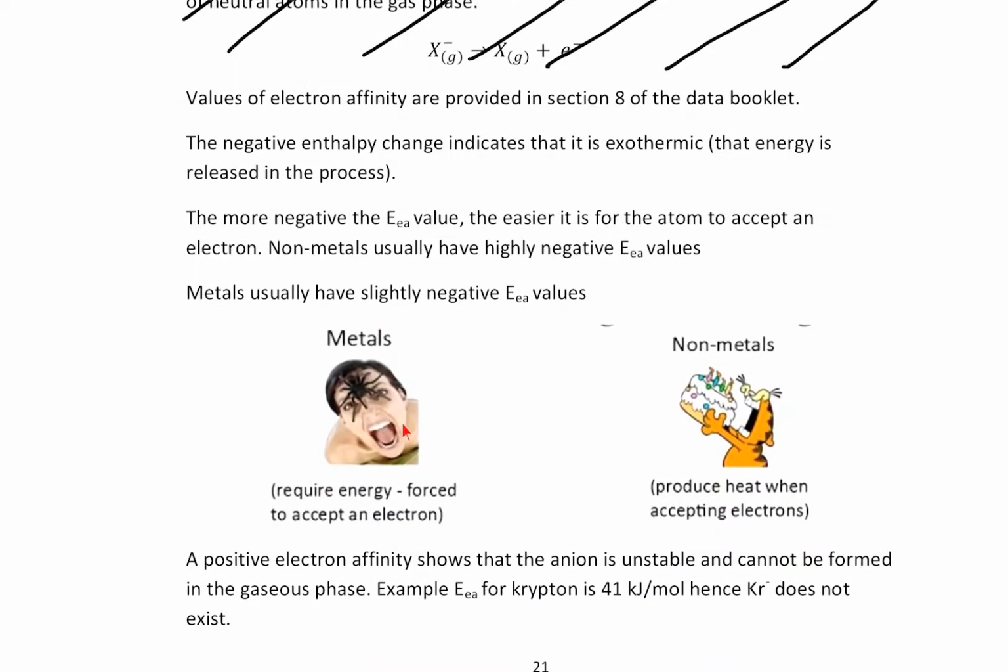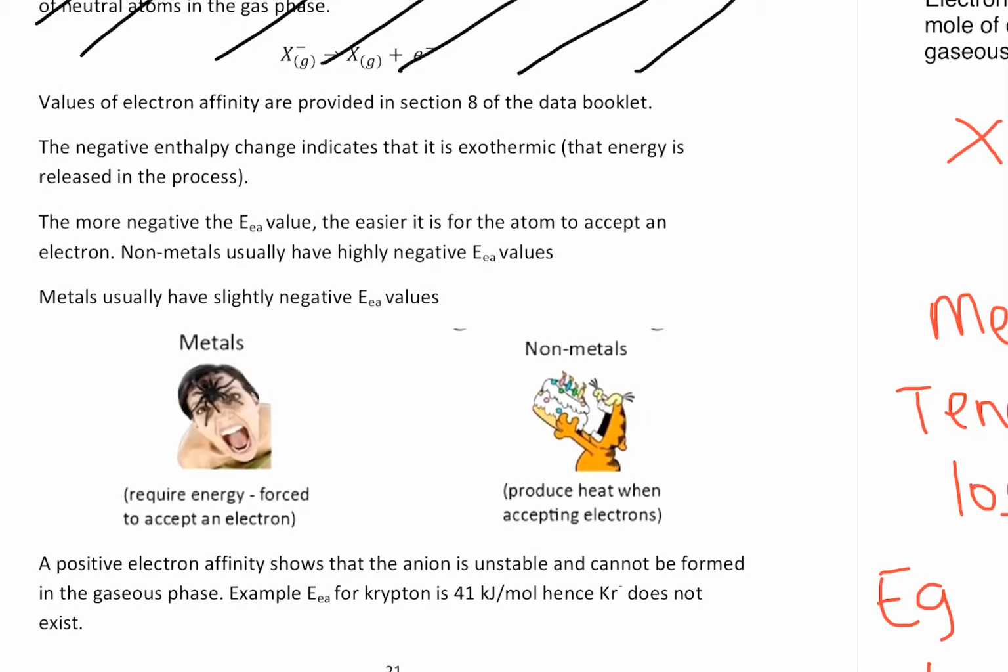This is why I have that picture here. While non-metals, for them it's very easy to accept electrons, because this is going to allow them to have the electron configuration of a noble gas. So very easy for them, and this is why it is going to have very highly negative electron affinity values.